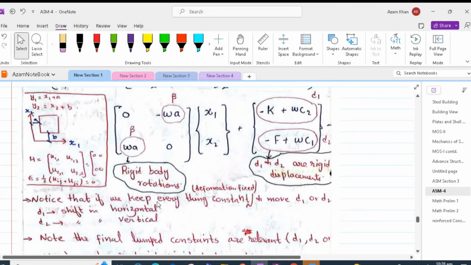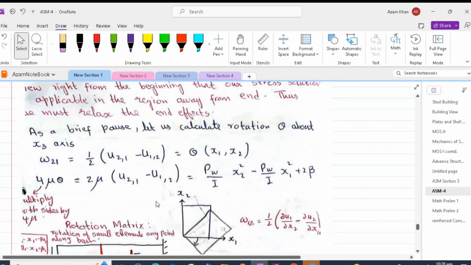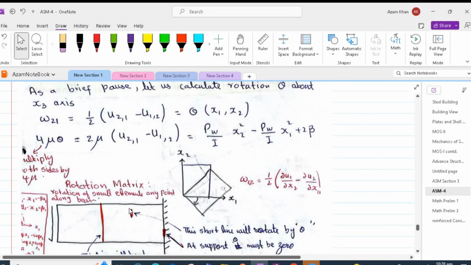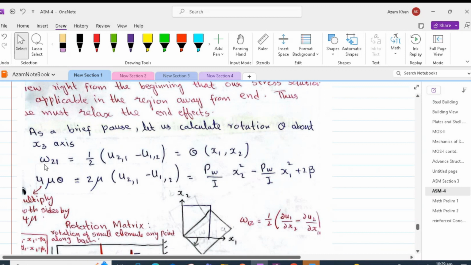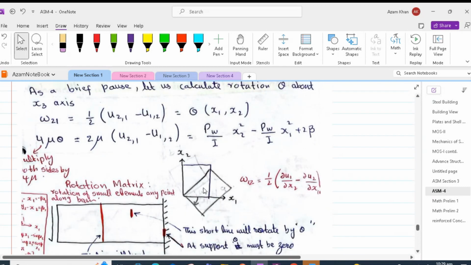So in order to get another equation, we can derive it by considering rotation of an element. We call it omega 2 1 is equal to half u2 comma 1 minus u1 comma 2. So if we have a box like this one, u2 comma 1 means partial u2 by partial x1, and u1 comma 2 is partial u1 by partial x2.